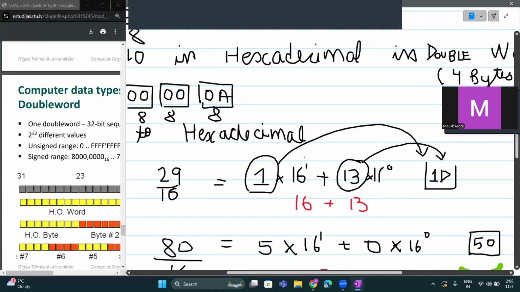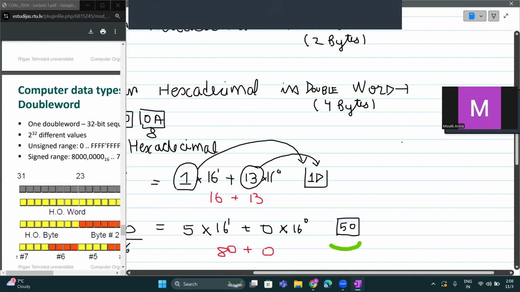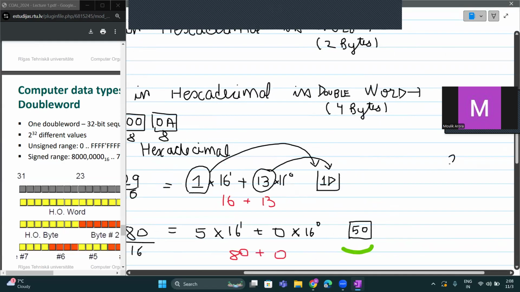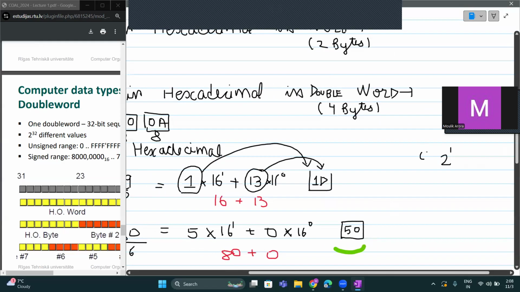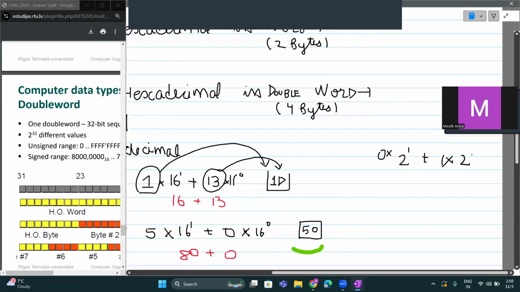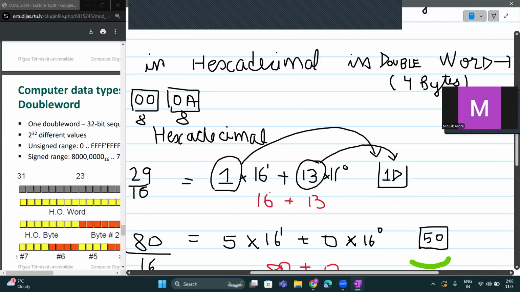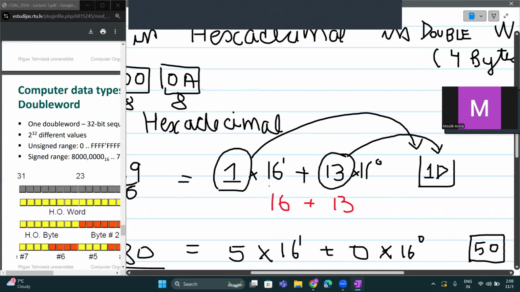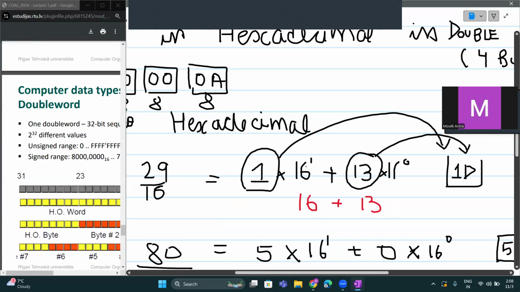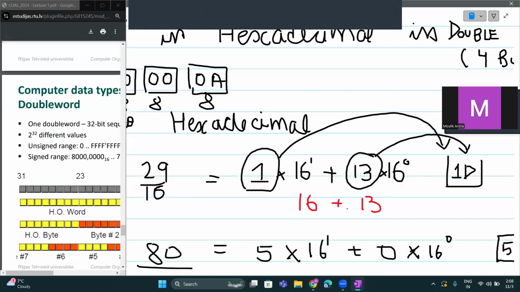And as you remember, this is the same case as decimal, where we wrote 0 times 2 power 1 plus 1 times 2 power 0, like this. Similarly, the hexadecimal we can also represent as 1 times 16 power 1 plus 13 times 16 power 0, or basically 16 plus 13.